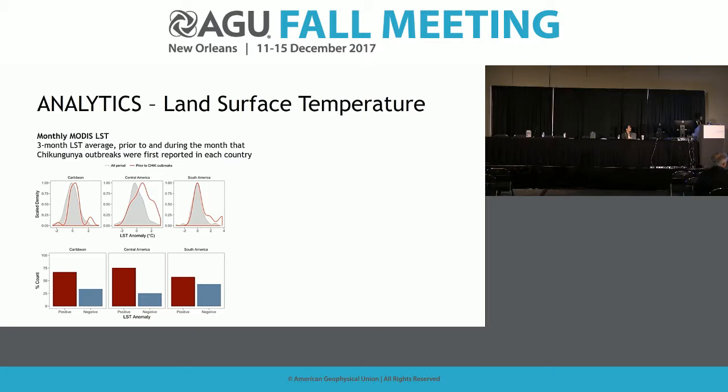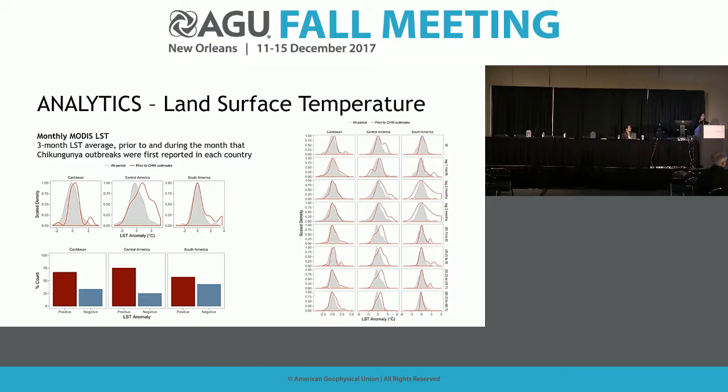In the Caribbean, about 60 to 40% cutoff, and in Central America, 75% of the locations have higher than normal LST and 25% lower than normal LST, and also in South America. We also inspected the different lags, and what we see is a similar pattern across the region: land surface temperature is higher than any other year when chikungunya occurred.